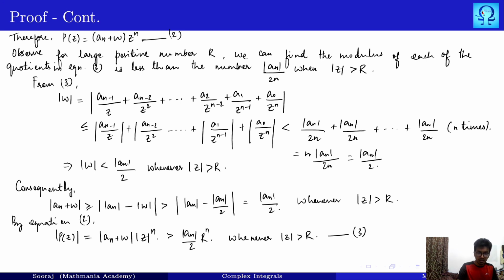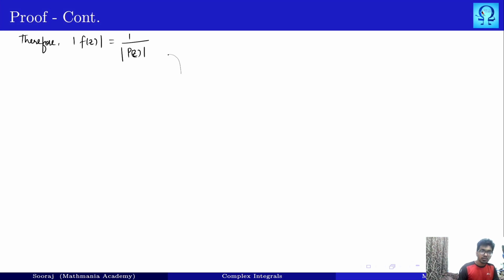So when we take the reciprocal, it will turn to be a smaller than or equals quantity. So this is smaller than 2 upon absolute an multiplied with r to the power n whenever absolute of z is bigger than r.